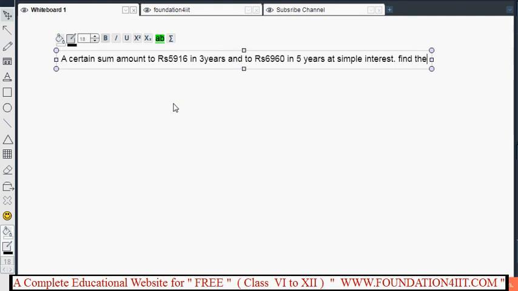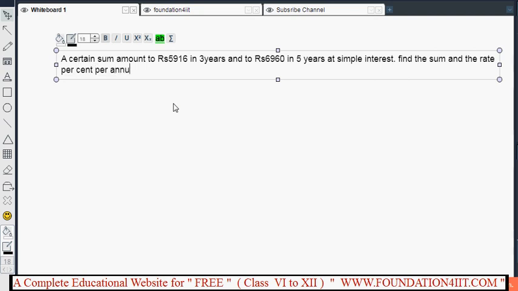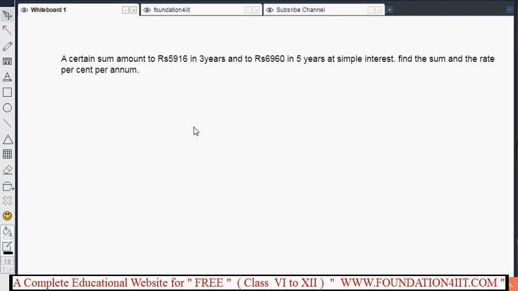Now find the sum and the rate per annum. Okay, we need to find out the sum and rate percent also.